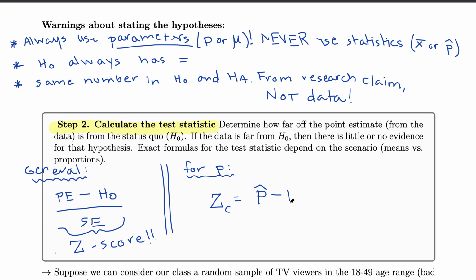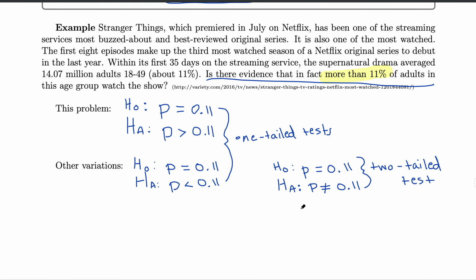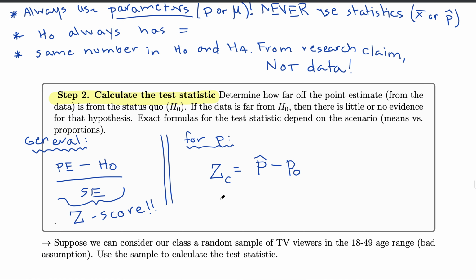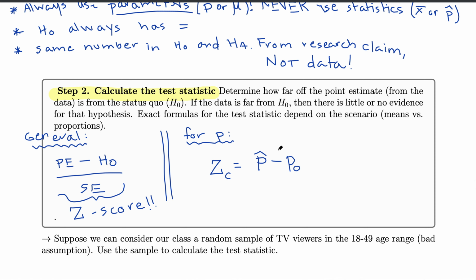I'm going to see how far it is from my null hypothesis or initial claim. So I'm going to call this guy p naught. That's my number in my initial claim. So on the previous slide here, my p naught would be 0.11 or 11%. I'm starting off assuming it's 11%. And then I need to standardize this by the standard error.